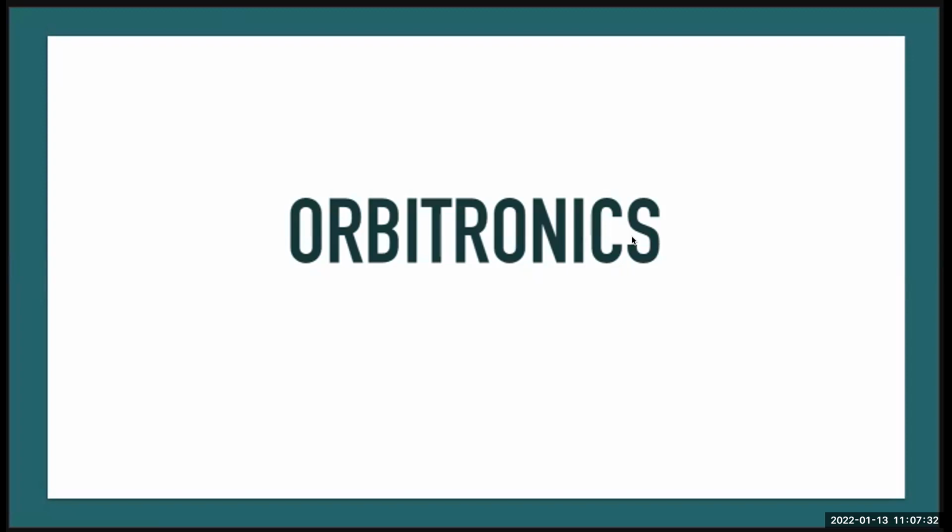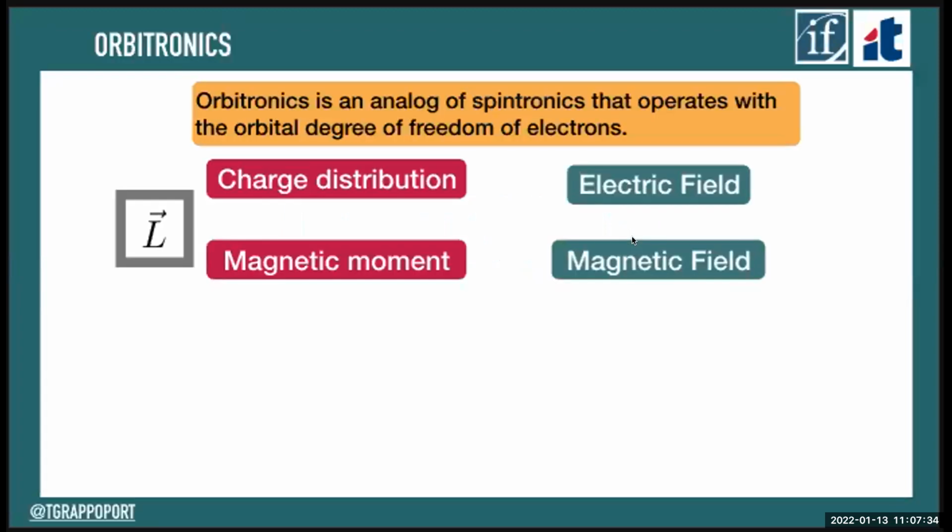So the first thing that comes to our mind if we begin to talk about orbitronics is, why do we need to use the orbital angular momentum if we already manipulate spin with success? As I just told you, the spin magnetic moment will not couple with the electric field directly.